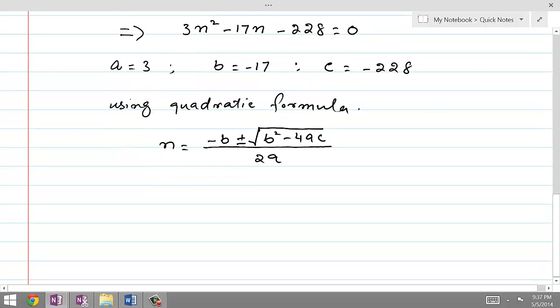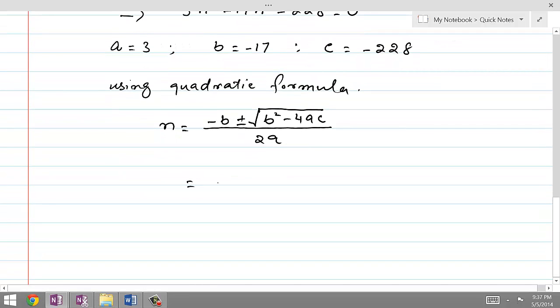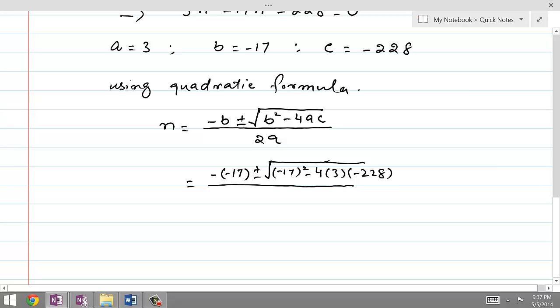Now if we substitute the values, we get minus (-17) plus minus the square root of (-17) squared minus 4 times a, which is 3, times c, which is -228, divided by 2a, 2 times 3.